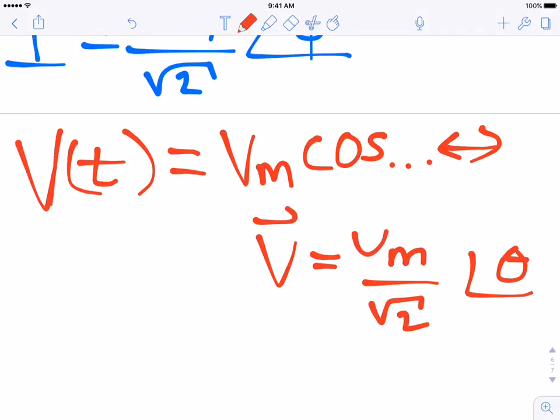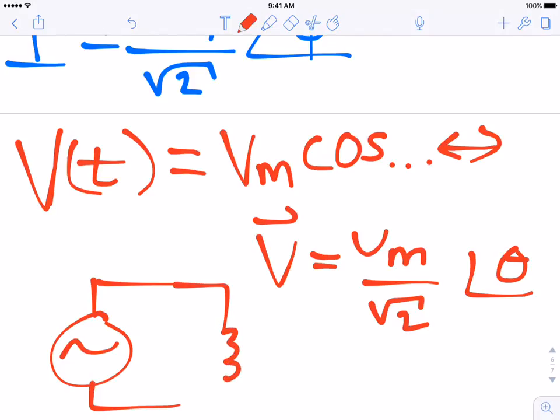Because sometimes you're going to get a question on the exam, and they're going to tell you, oh, you have some voltage source, and then maybe you have some impedance. And this voltage source, they're going to give you the V of t of it, and maybe they'll say the impedance is like 3j or something like that. And you need to calculate, maybe, I.